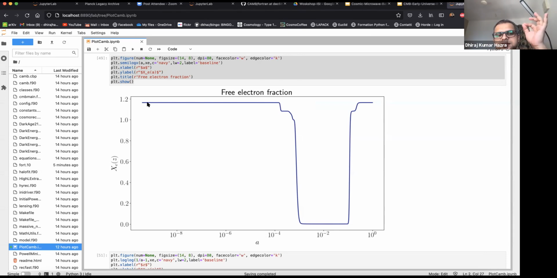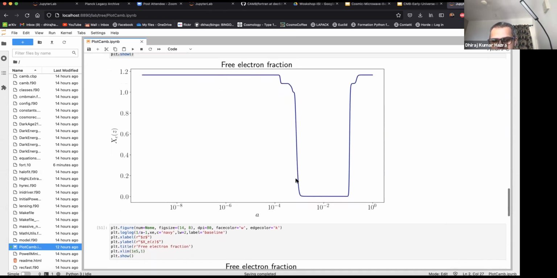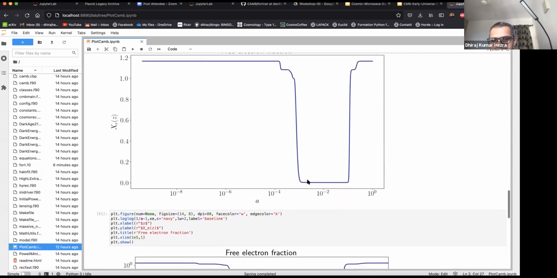So there are 16% extra electrons with respect to the hydrogen atoms, and then it becomes constant. It stays constant until the time when the universe temperature drops and recombination happens. Recombination starts, and at some point the electron fraction falls below, and then it goes very close to zero.